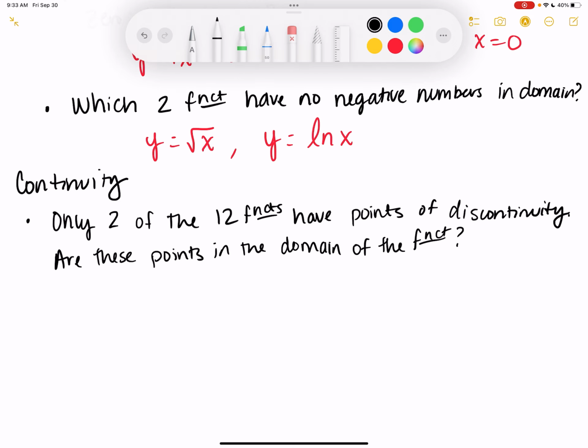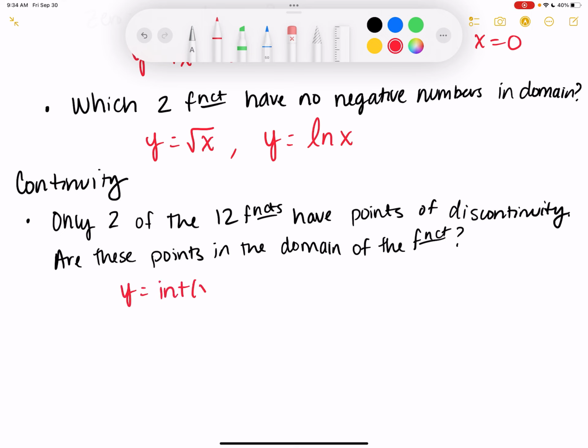So what we're going to do is you're going to tell me what the function is, and then we're going to write what kind of discontinuity it is, and whether they're in the domain of the function. I have them down as the names, not the function itself. So y equals int x. Y equals integer x.